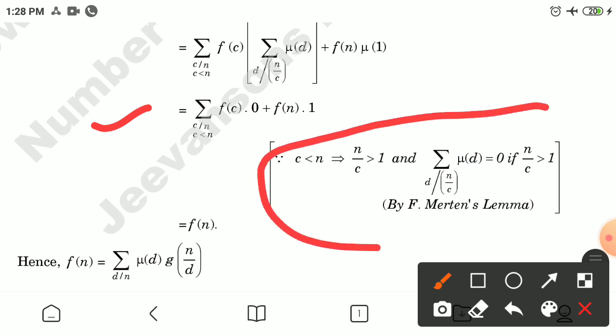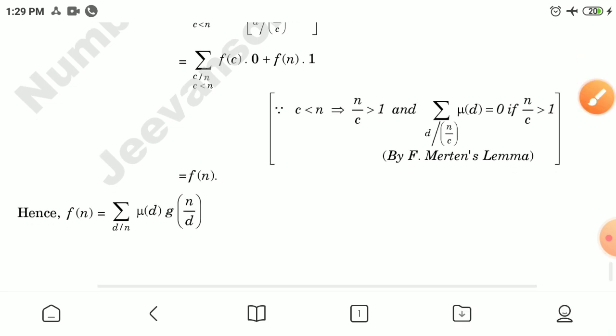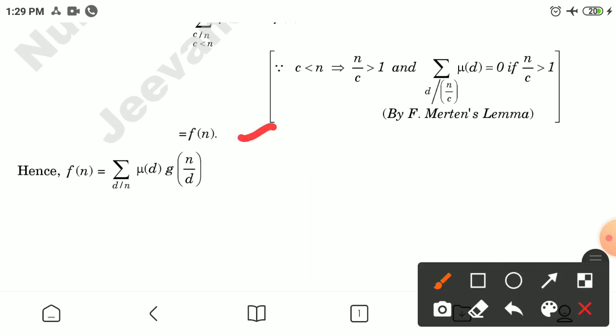We are using the earlier lemma: since c is less than n, n/c is greater than 1, and summation of mu(d) gives 0 when n/c is greater than 1. This becomes equal to f(n), hence this is the required result.